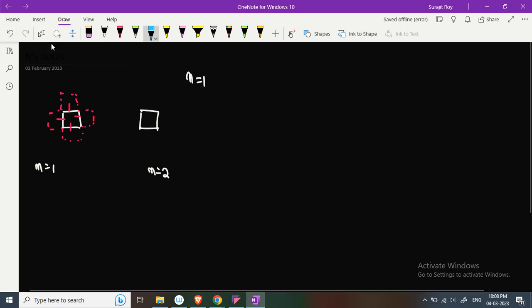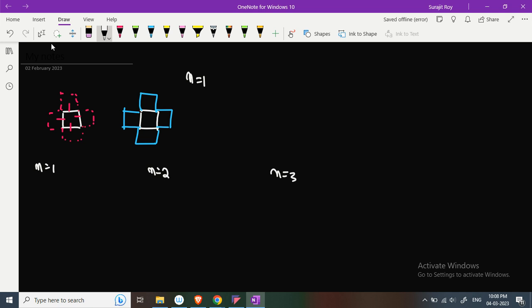Let's suppose we want to calculate now for n equal to 3. So what will be my diagram? The diagram initially was like this, and this.